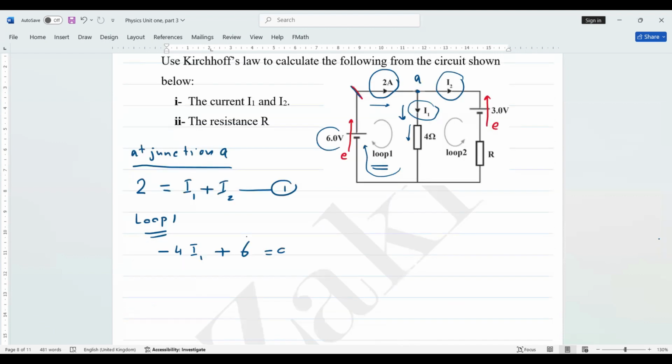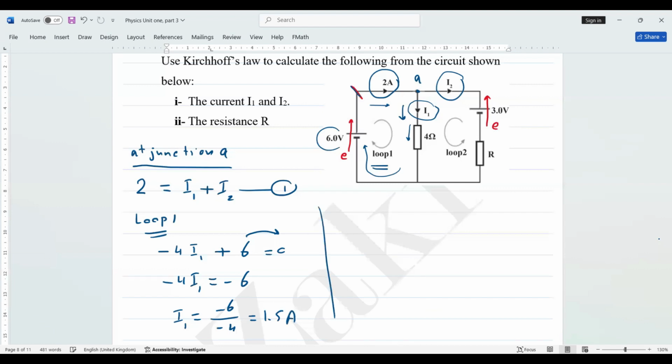How? Shift 6 to the other side. Negative 4 I1 equals negative 6. Divided by negative 4, then I1 equals negative 6 divided by negative 4, it is 1.5. We check: 6 divided by 4 equals 1.5 positive, because negative cancels with negative. So it's 1.5 ampere.